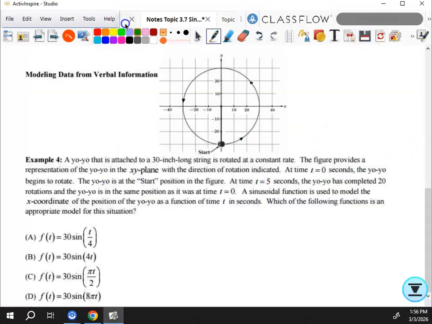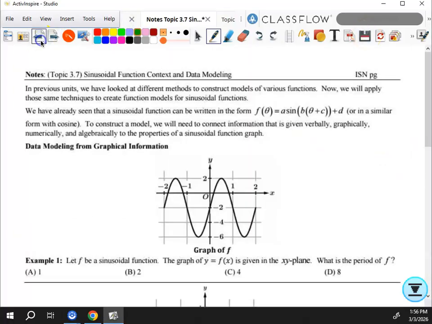And let's get started on this. So this is going on page 88 when we're done. And we're doing sinusoidal function, context, and data modeling, which means we've got some regression stuff going on in here.